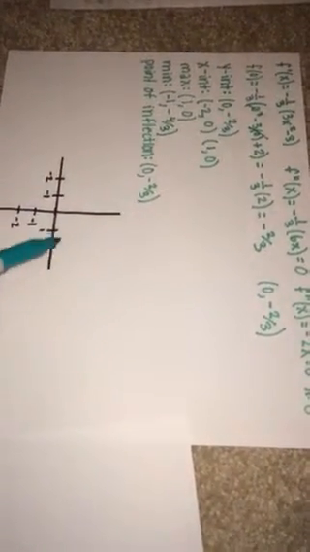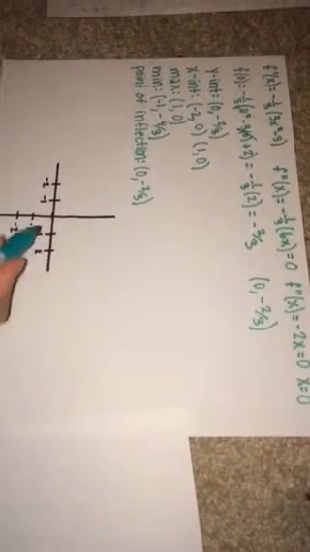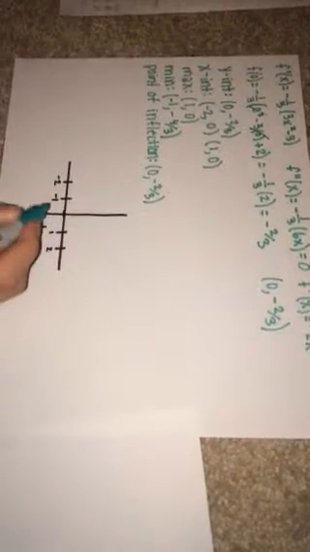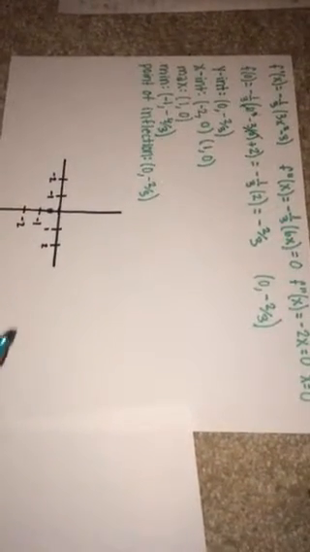So then you're going to go on the y-axis, go to 0, and go down to negative 2/3, which is going to be about right there. You graph the x-intercepts, negative 2, 0, and 1, 0.